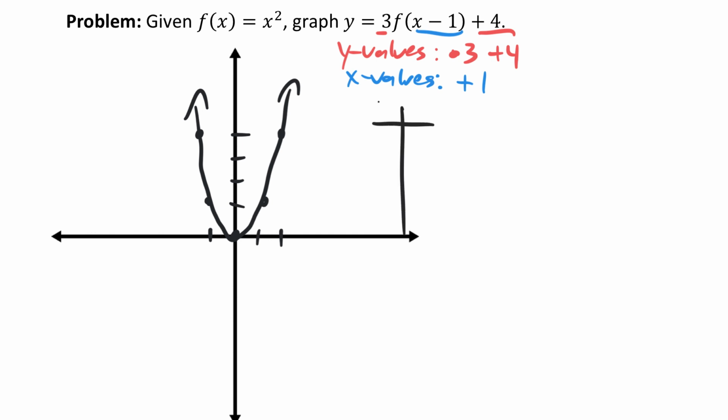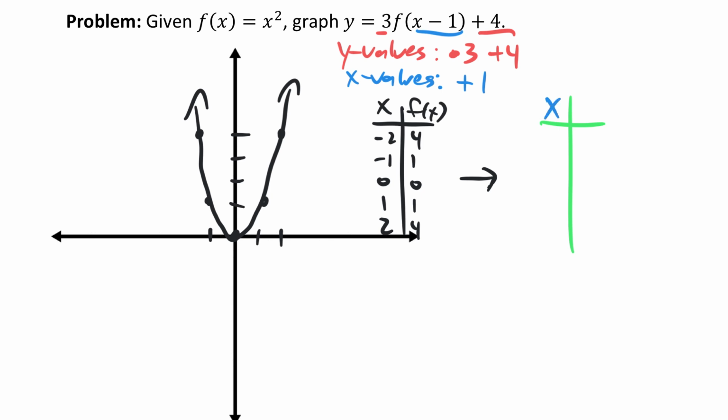We can start with our original table. Minus 2, minus 1, 0, 1, and 2. 4, 1, 0, 1, 4. And then we're going to make a new table over here. Maybe I'll do that in green. Actually, let's do the x values in blue, and let's do the y values in red. So those x values, we get to add 1 to them. So we're going to get negative 1, 0, 1, 2, and 3.